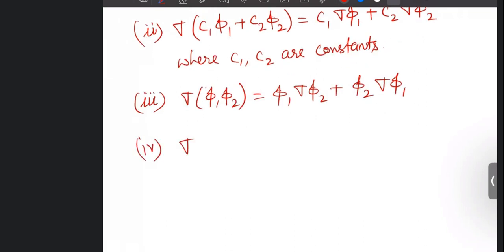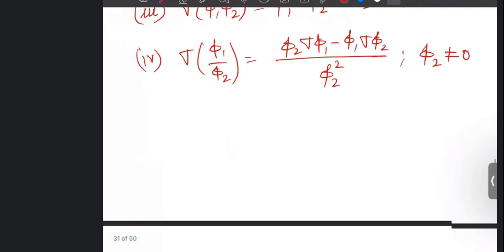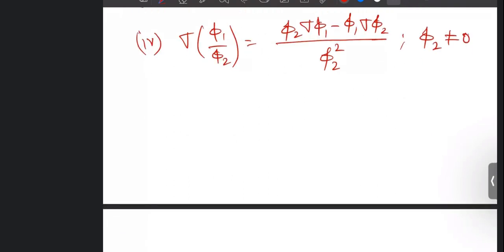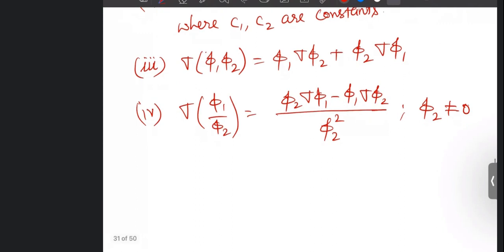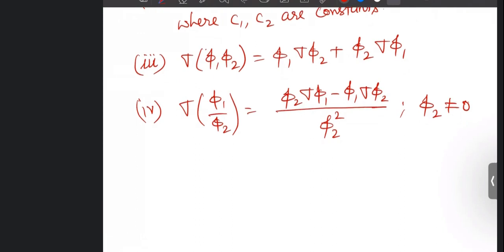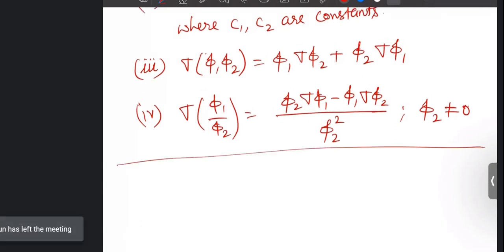And next, the gradient applied on the quotient of functions follows the rule of the derivative: the gradient of phi 1 over phi 2 is phi 2 times the gradient of phi 1 minus phi 1 times the gradient of phi 2, all over phi 2 whole square, provided phi 2 is not equal to 0. These are the 4 properties of the gradient. Now let us consider an example.